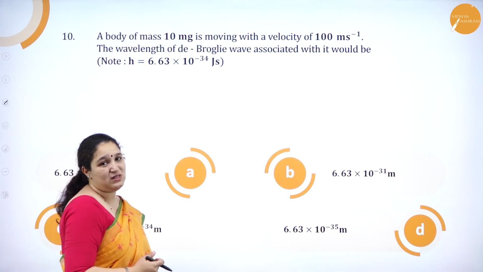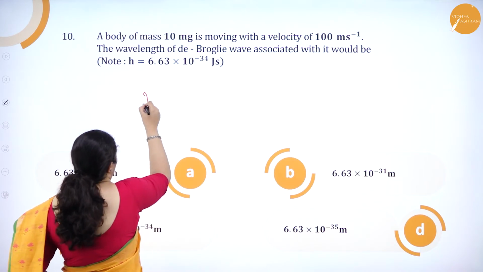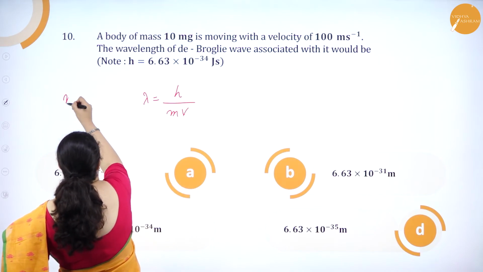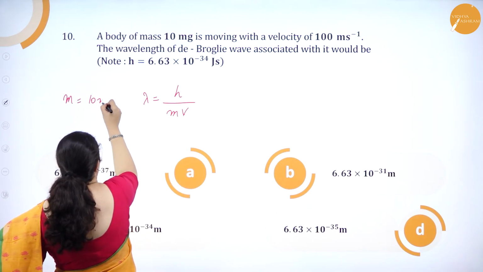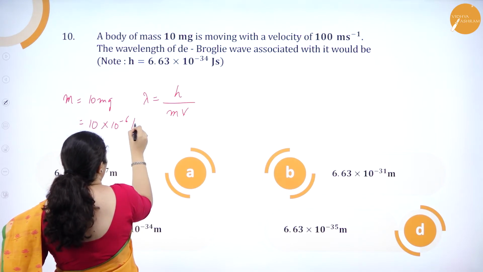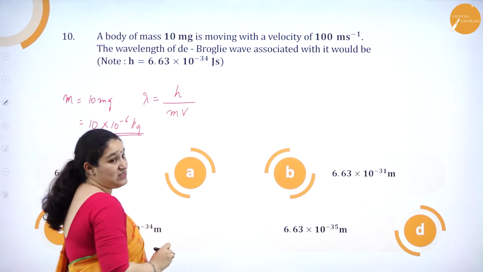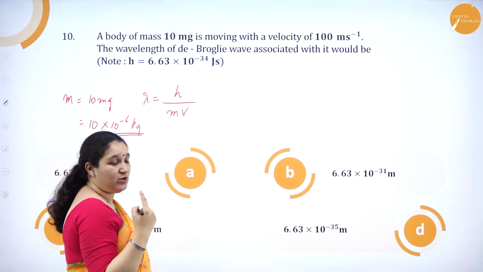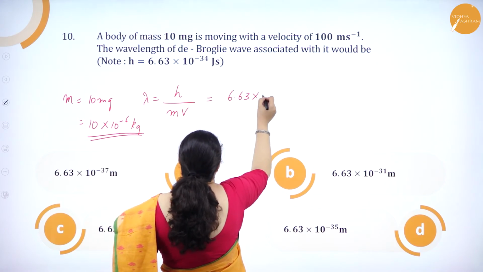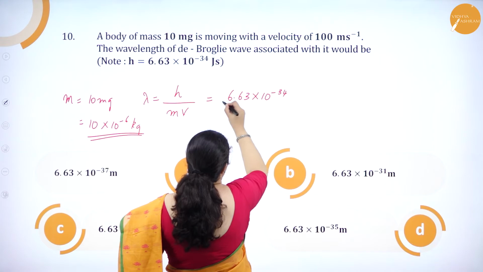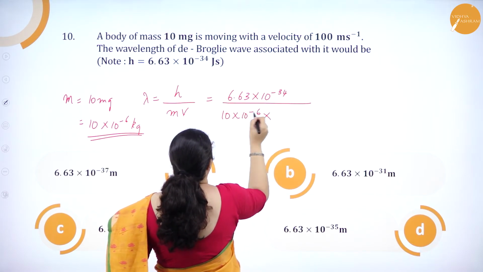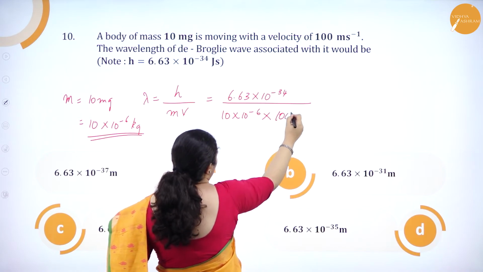So what is de Broglie's equation? Lambda is equal to h by mv. So what is the mass? Mass is 10 milligram, that is nothing but 10 into 10 power minus 6 kg, which I have to substitute. If you know that you have to substitute this, you will get the answer very easily. This is 6.63 into 10 to the power minus 34, the h value, divided by the m value 10 into 10 to the power minus 6, into velocity 100 meters per second.